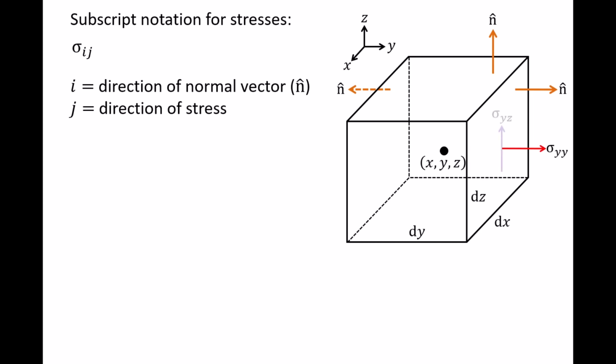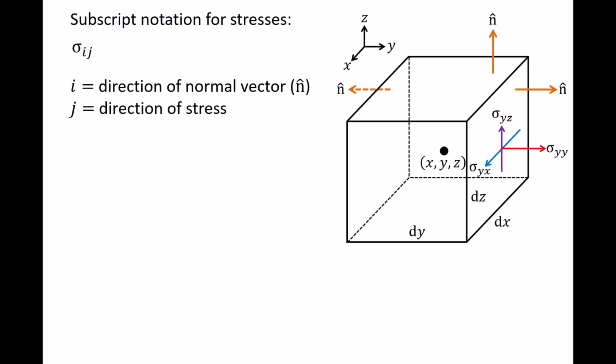So the stress on the right surface that acts in the z direction, which is denoted as sigma yz, is considered positive in the positive z direction. And the stress on the right surface that acts in the x direction, which is denoted as sigma yx, is considered positive in the positive x direction.